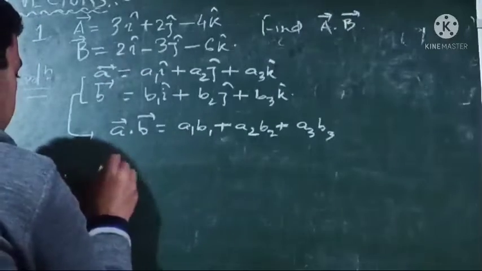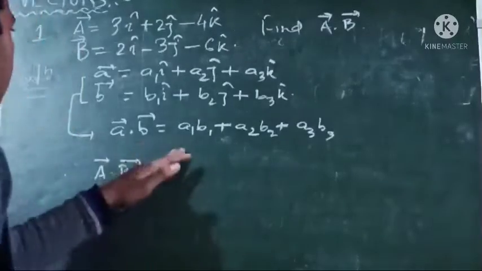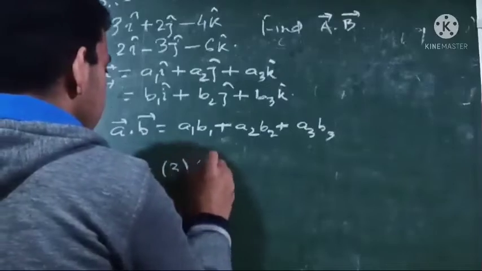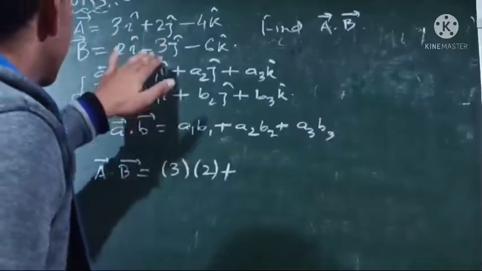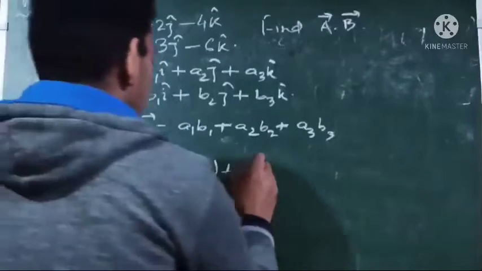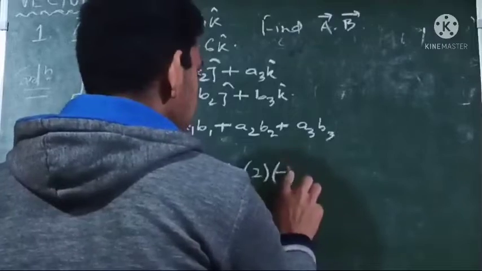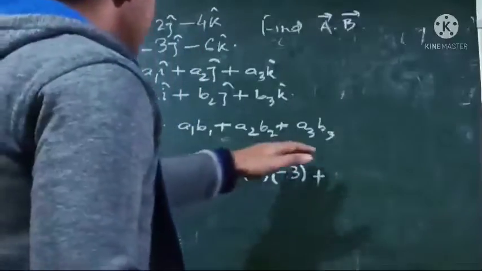Therefore, a vector dot b vector is equal to a1 b1, which is 3 multiplied with 2, plus a2 b2. Here a2 is plus 2 and b2 is minus 3, so 2 multiplied with minus 3, plus a3 b3.